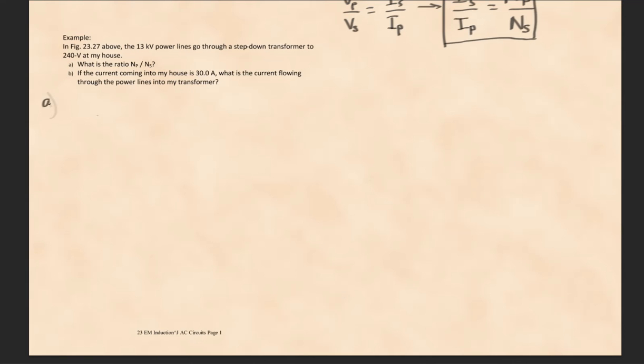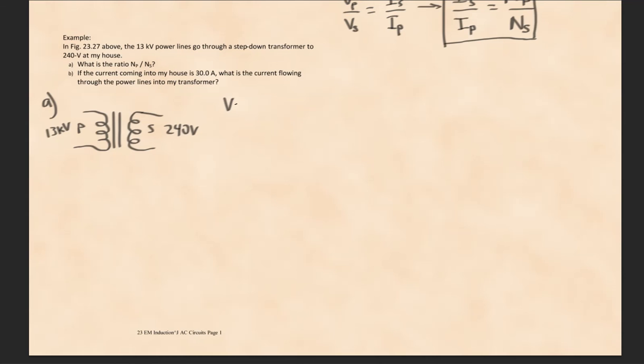So part A, I have a transformer, primary side, secondary side, and I have 13 kilovolts on the primary side, 240 volts on the secondary side.